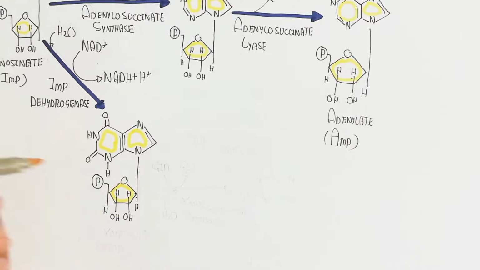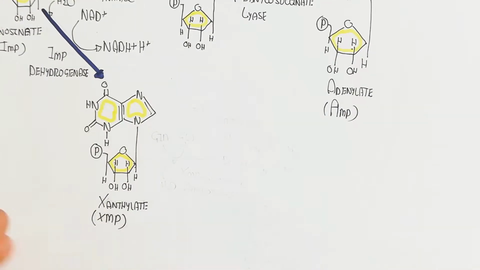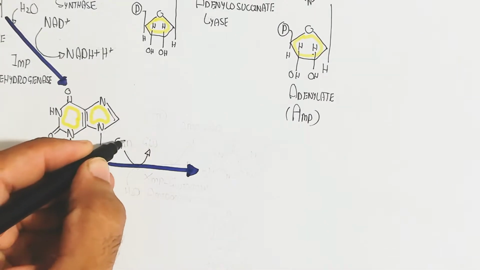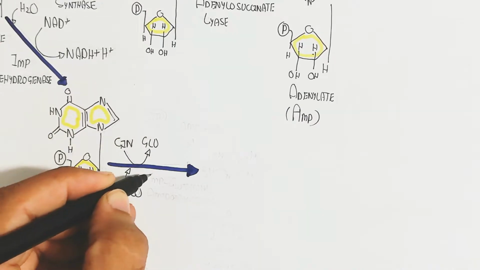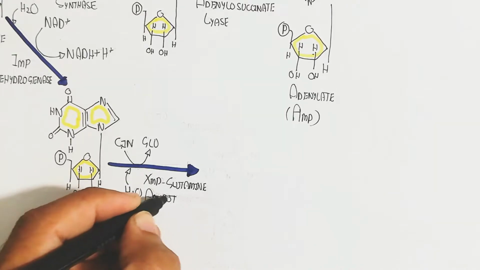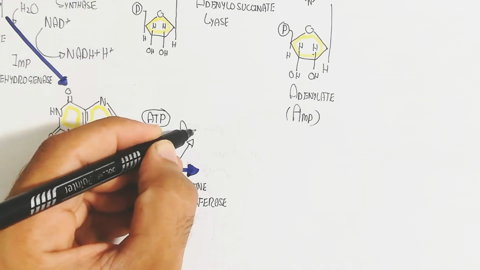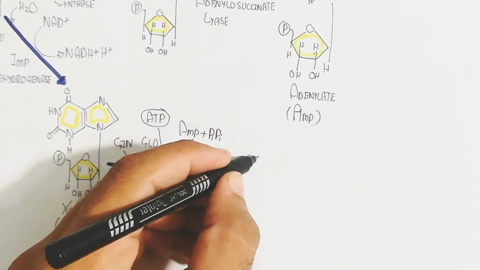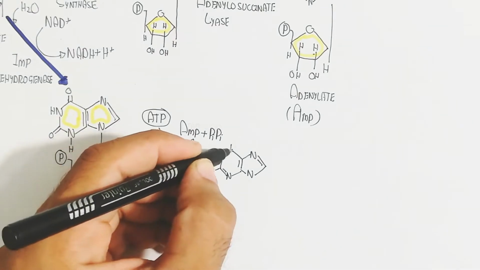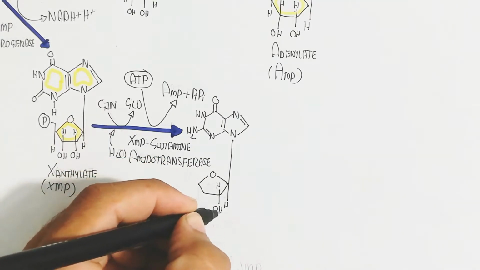This XMP, together with glutamine and the absorption of water, uses ATP to produce AMP, and pyrophosphate is released. The enzyme XMP glutamine amidotransferase is used, and in this way guanylate, GMP, is formed. This is the guanosine monophosphate.